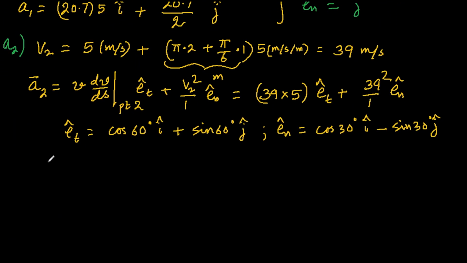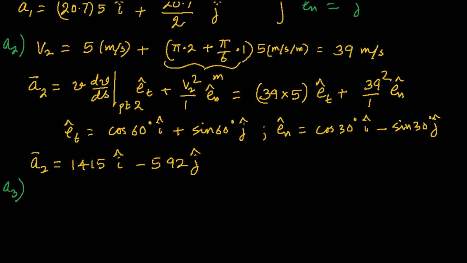So if you substitute this, you should get a2 equal to 1415 i minus 592 j. Okay, and similarly, if we come to finding out a3, fine.